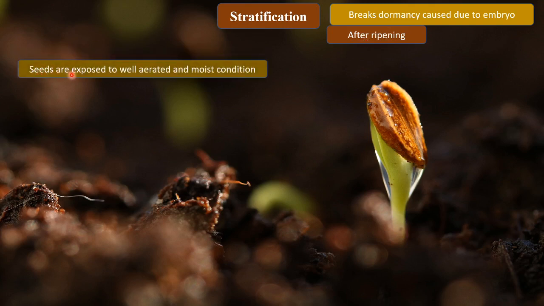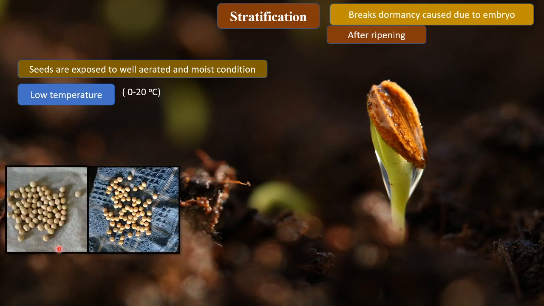Here the seeds are exposed to well aerated and moist conditions and often kept at low temperatures of 0 to 20 degrees Celsius, right? As shown in the figure, sometimes we do this at our homes also, when we keep the seeds in a moist cloth, where proper aeration is available and the cloth is wet also, right? So it gives moist conditions, and this is called stratification.